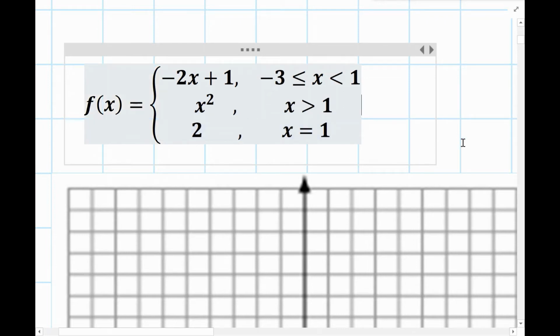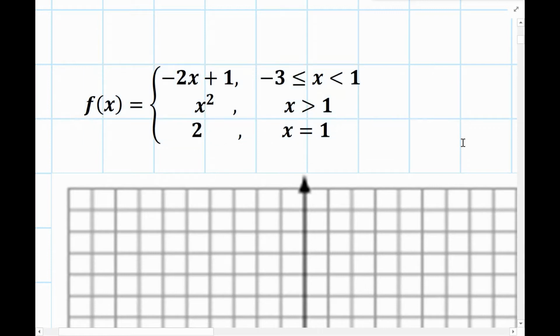Okay. So on this graph, this is a piecewise function, and this piecewise function is constructed with three different graphs. You have one right here. This is your first graph. You have one right here. This is your second graph. And then you have one right here. This is your third graph.